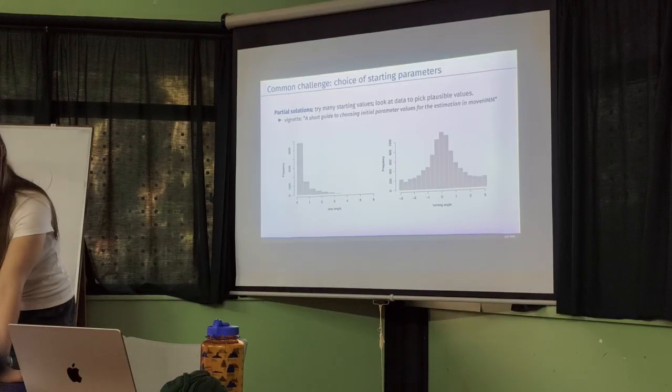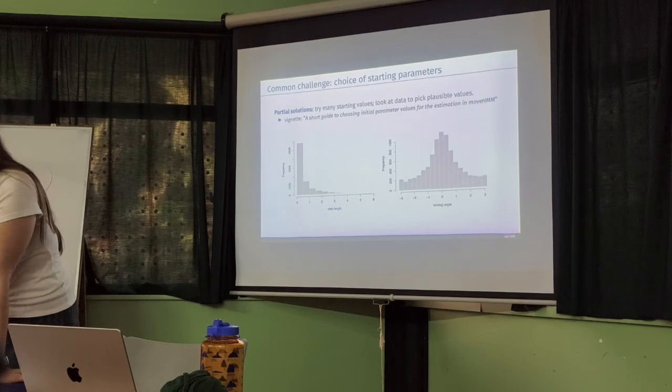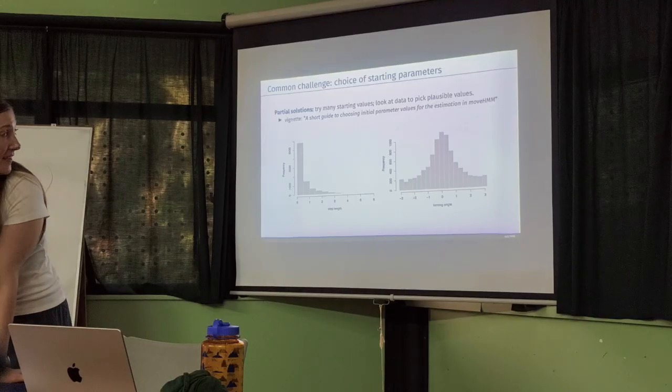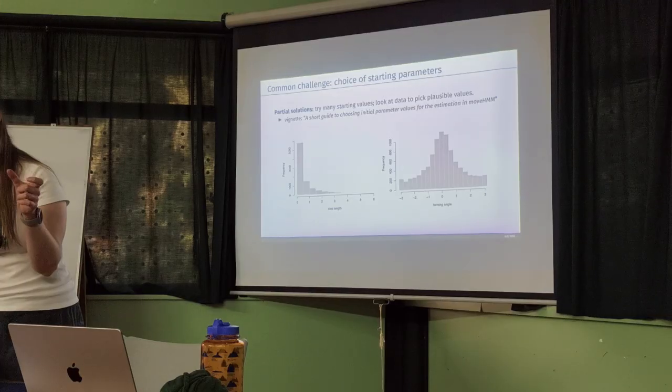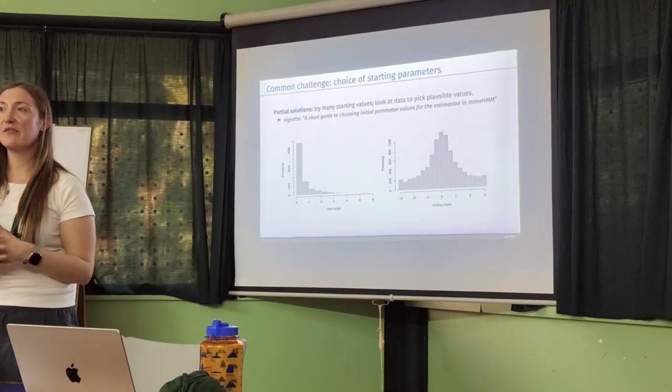Yeah. In one of the packages that we're going to be using, there is an argument in the fitting function where you can specify to try multiple starting values, and it'll automate it for you.